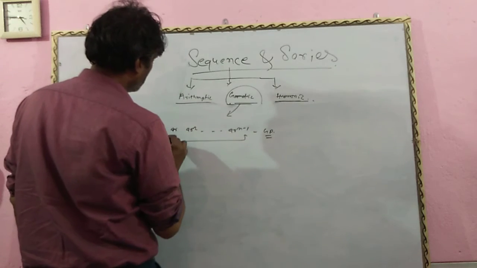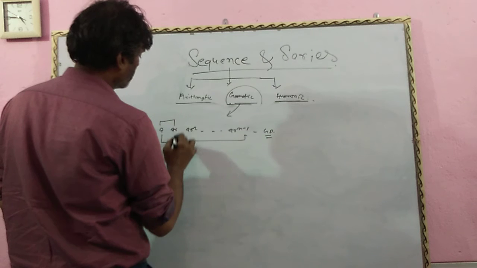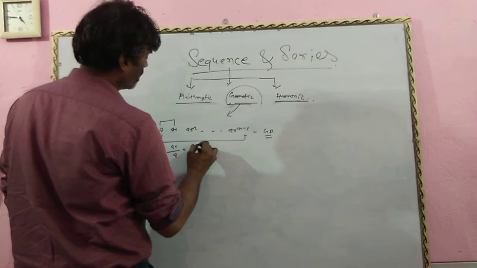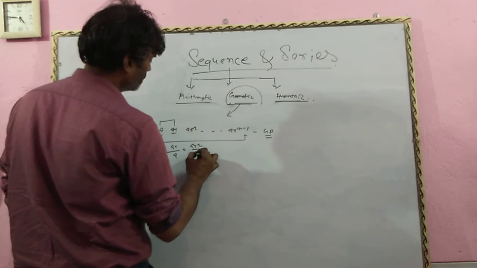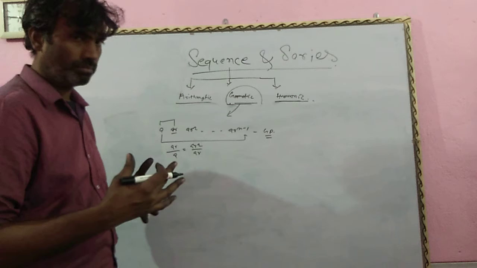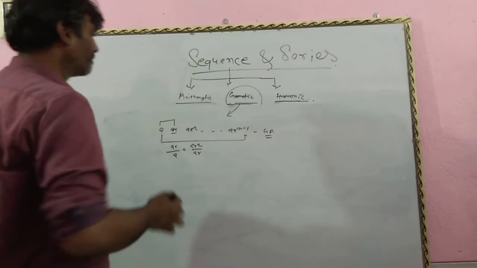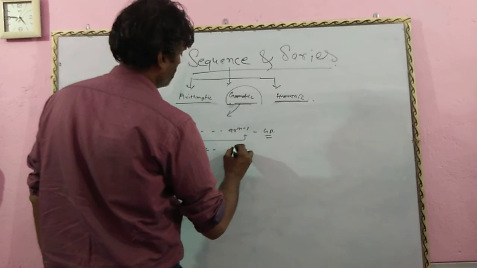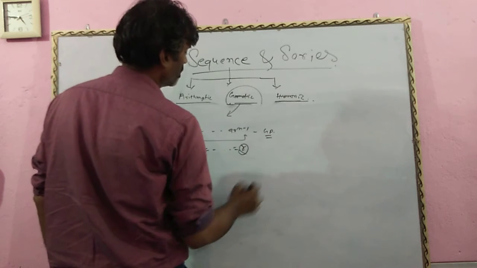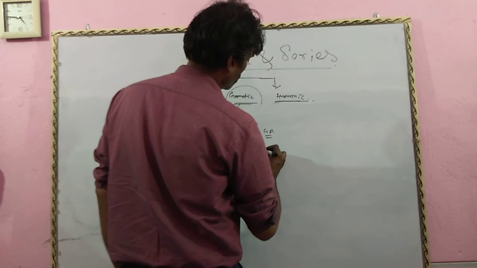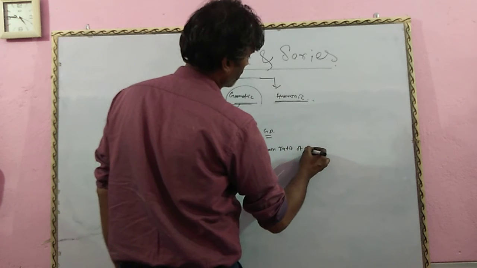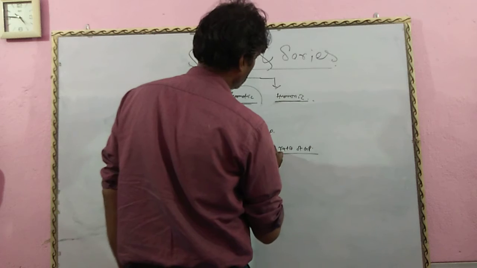For a and ar, higher term upon lower term will be equal to ar square upon ar. The ratio of any two consecutive terms will always be equal to r, the common ratio. This is called the common ratio of a geometric progression.